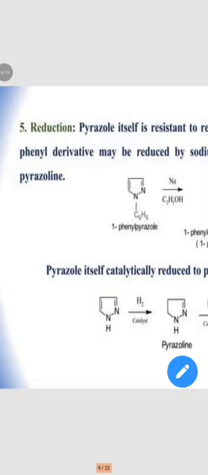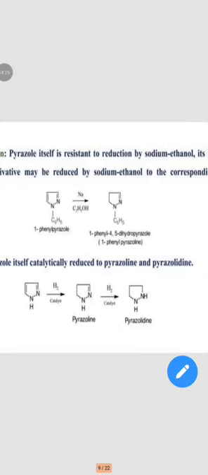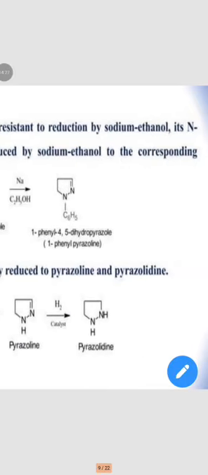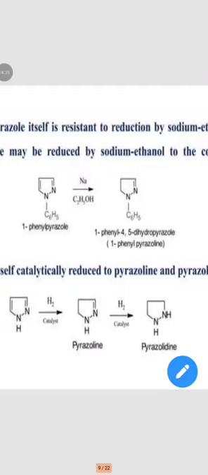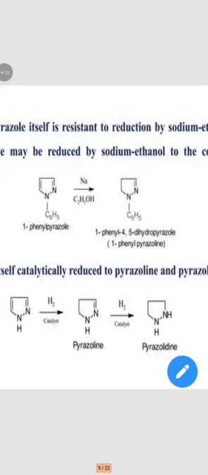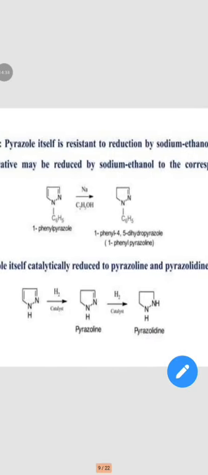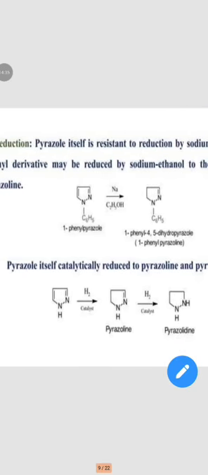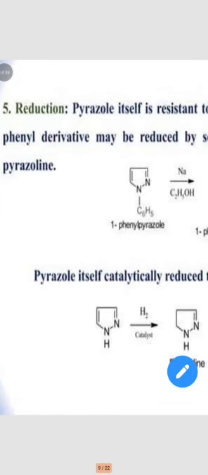Then the fifth reaction is reduction. Pyrazole itself is resistant to reduction by sodium and ethanol. Its N-phenyl derivative may be reduced by sodium and ethanol to the corresponding pyrazoline.